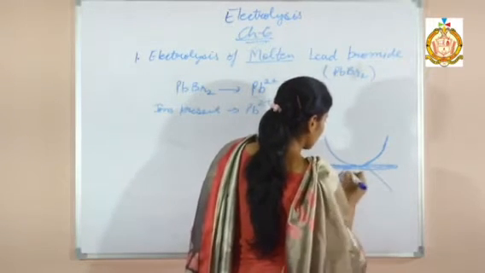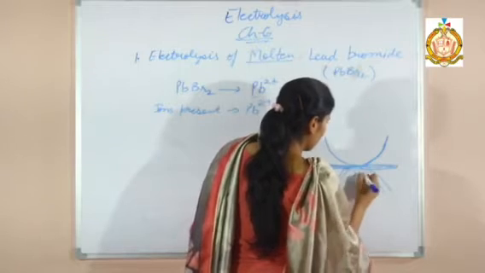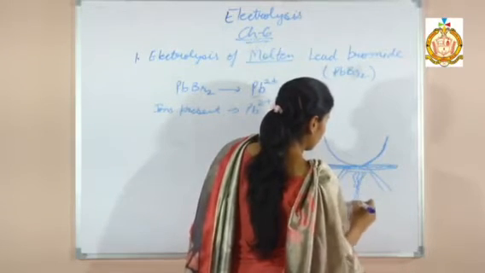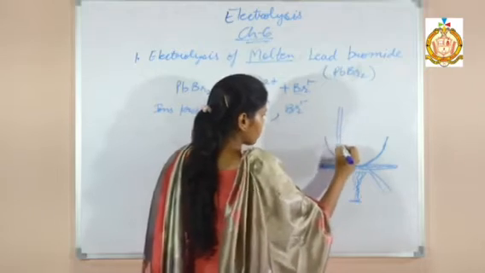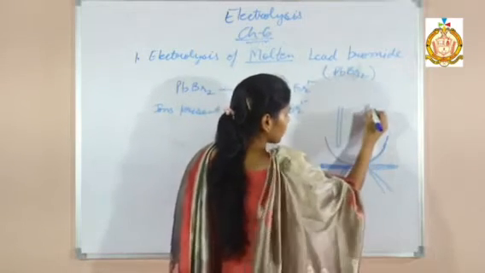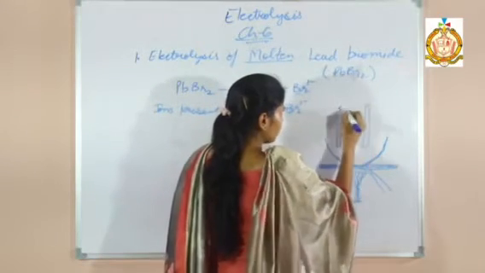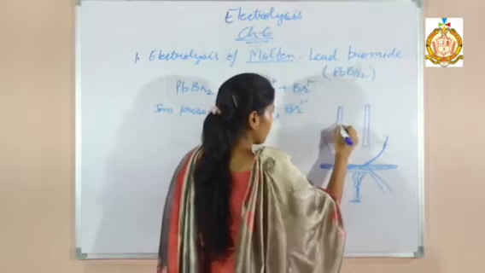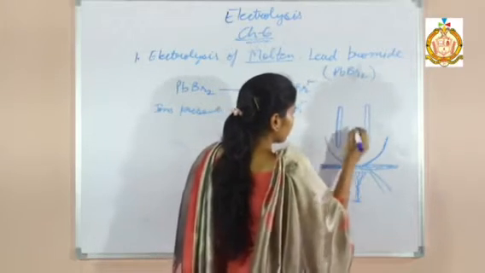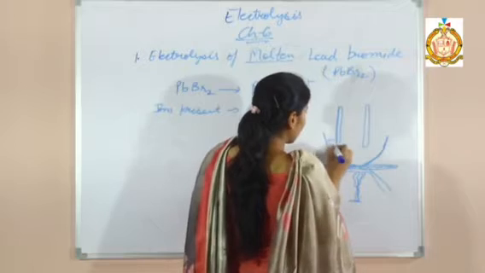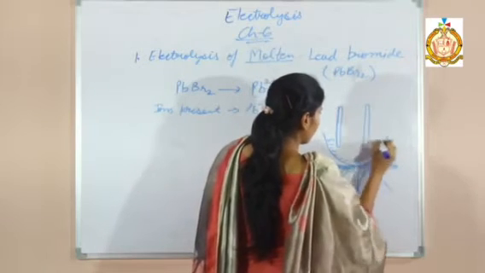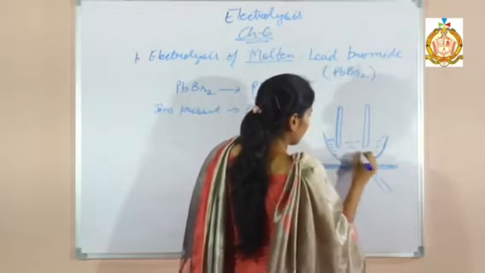Burner is here, and then graphite electrodes are used. Graphite, active or inactive? As we have done before, these are inert electrodes, and here is the molten lead bromide electrolyte.